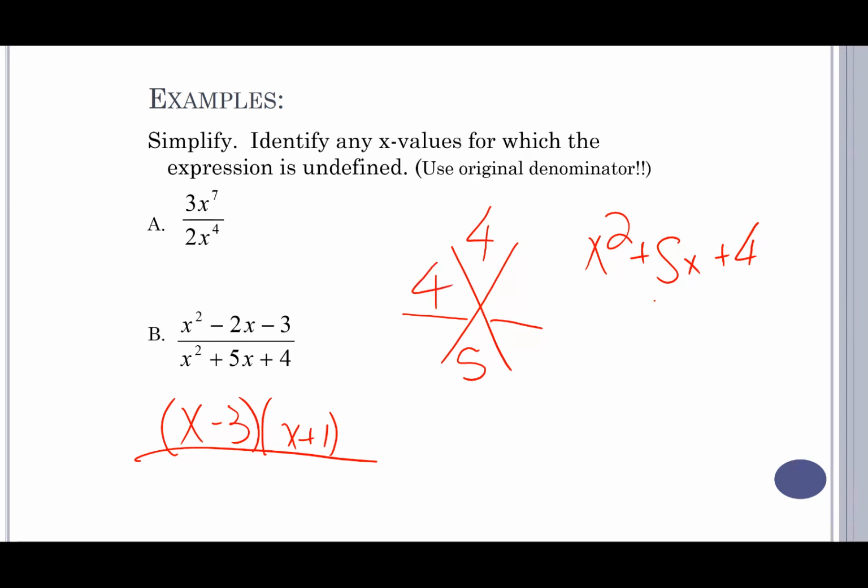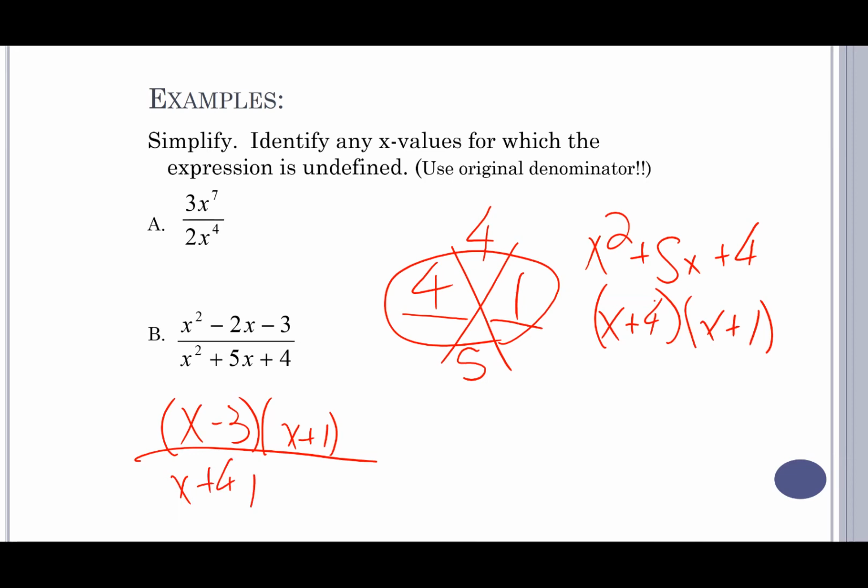It must be 4 times 1. 4 times 1 and 4 plus 1 work here. Again, since a is 1 because it's 1x squared, I know that these are my direct factors. X plus 4 is one of the factors, and x plus 1 is the other. And that's my denominator. X plus 4 and x plus 1.